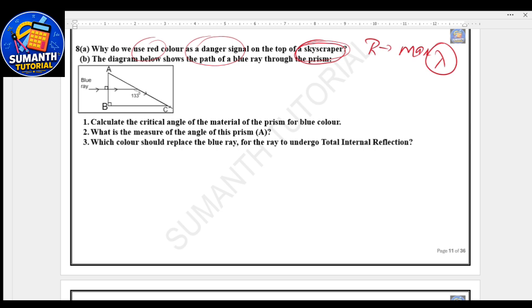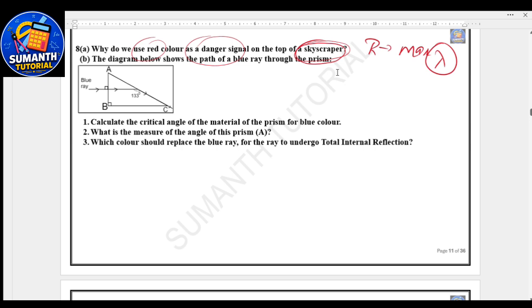So I repeat one more time. Why red color is used as a danger signal? Answer is very simple. As we can see the red color from very long distance, it has maximum wavelength that deviates least. That's the reason red color is used as a danger signal. Clear? Then the next question.